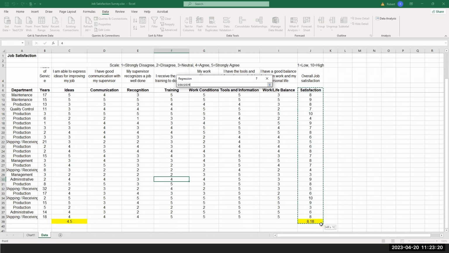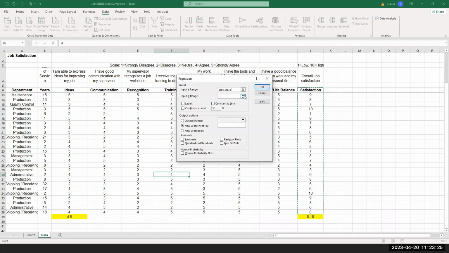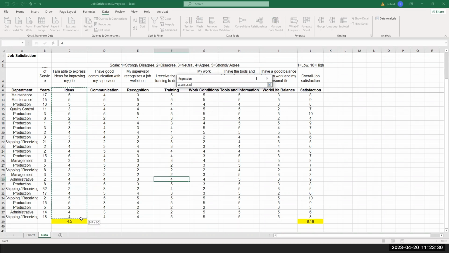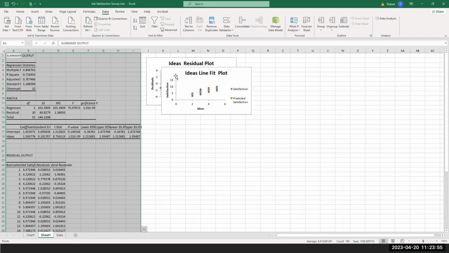So let's say satisfaction is dependent upon, let's say, ideas. What their rating is for ideas. I am able to express ideas for improving my job is what this is rating in the survey. Okay, we included labels when I selected, and then we'll also do residuals. We'll do residual plots. We'll just do all these. Let's go nuts. Won't worry about that, so click OK.